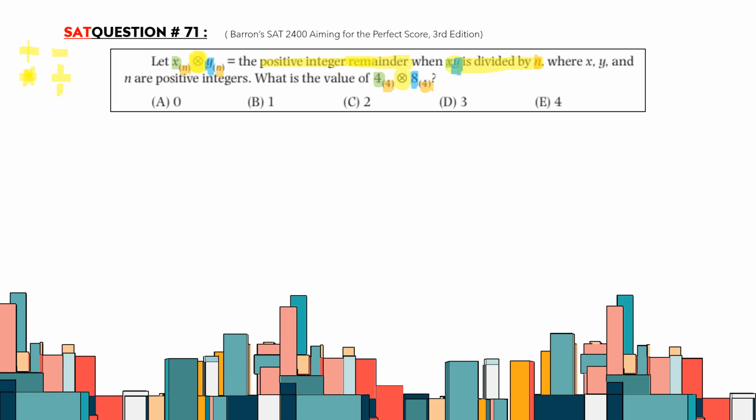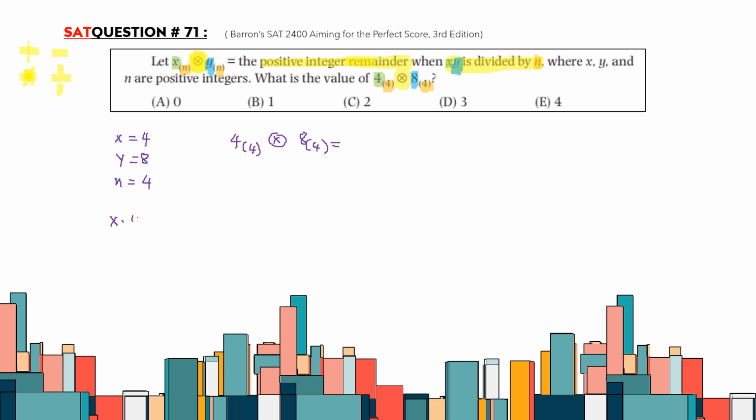So let's start. We have x equal 4, y equal 8, and n equal 4. Now, what they said, 4 sub 4 cross 8 sub 4, equals the remainder of x times y.